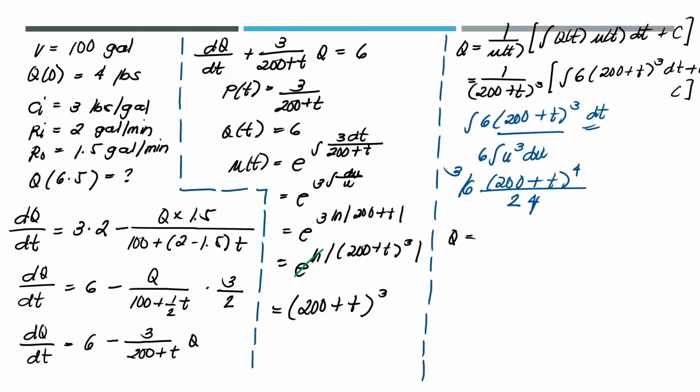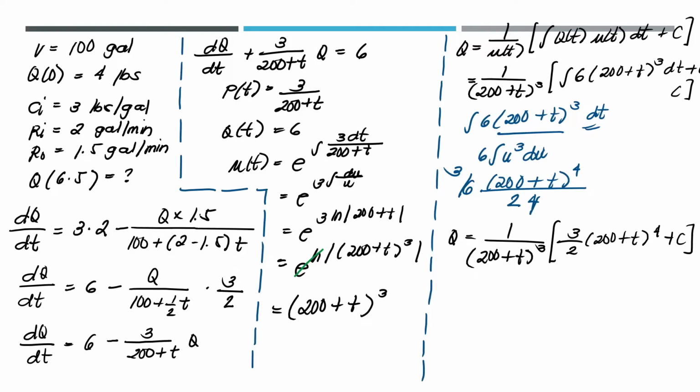So, therefore, we have q is equal to 1 over 200 plus t cube, multiplied to 3 over 2 times 200 plus t to the fourth, plus c. No? Ayan.